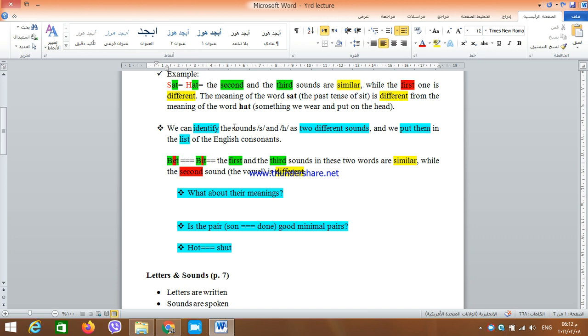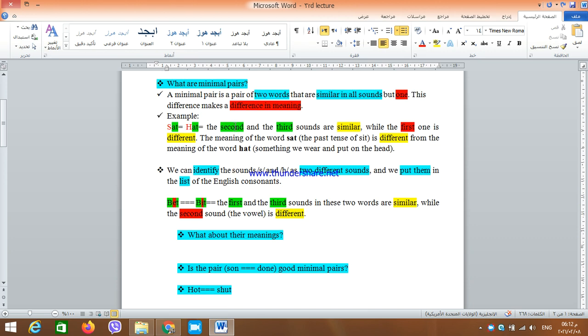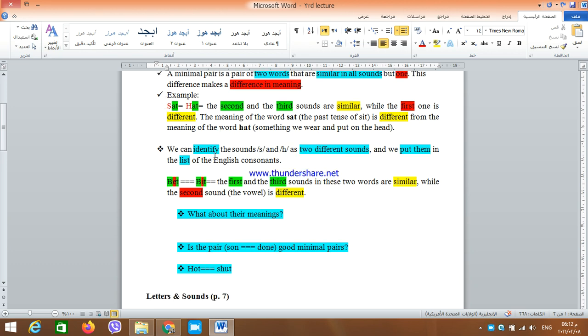Now, what do we get from these minimal pairs like sat and hat? Why do we want them? We said that we need them to identify the sounds. So how can we identify, and what sounds can be identified from these two words? We can identify the sounds "sa" and "ha" as two different sounds. Why? Because when we change one with another, the meaning of the words is changed.